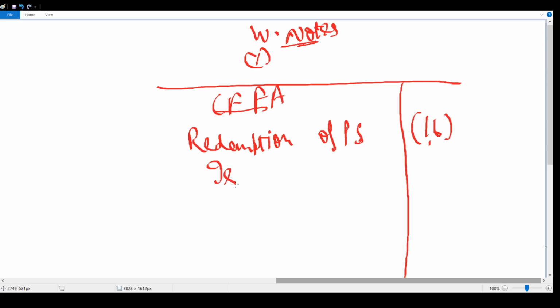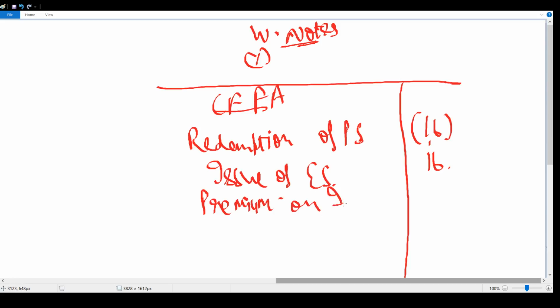So, issue of equity shares, that is 16, premium 25% of equity share, that is 4.